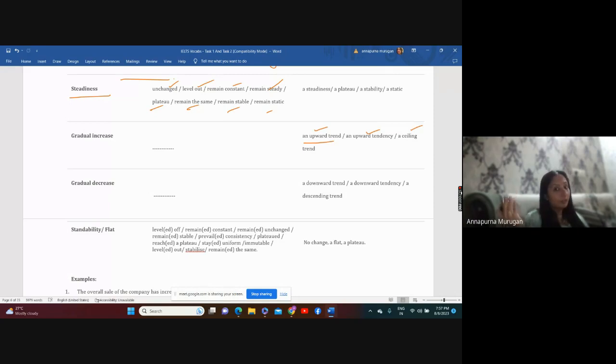So there is a downward trend, a downward tendency, a decreasing trend. Like this you can use it. For stability, you can say remained constant, remained unchanged, remained stable, prevailed consistently, plateaued, reached a plateau, stayed uniform. All these are the words that we have.